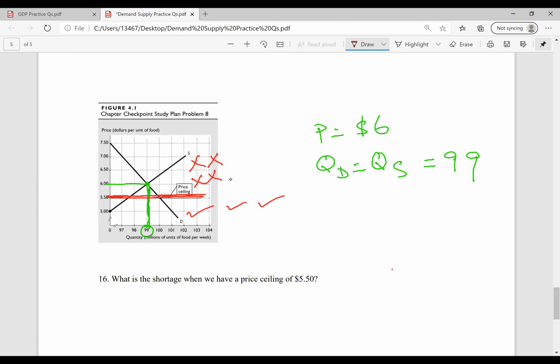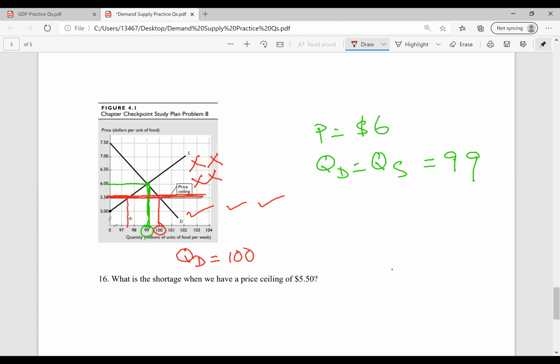What happens when a price ceiling is imposed? The price ceiling is hitting the demand curve at 100. That means the quantity demanded is 100.